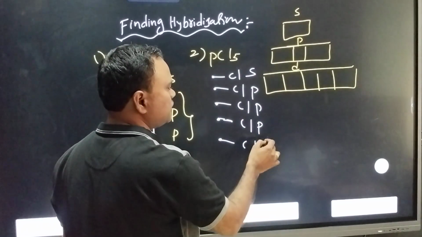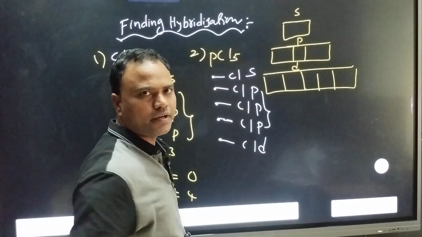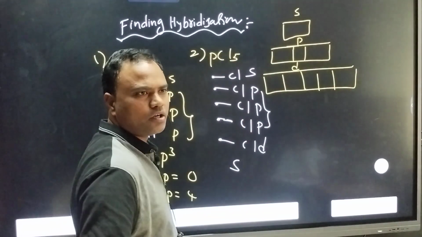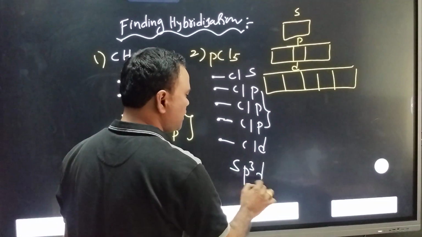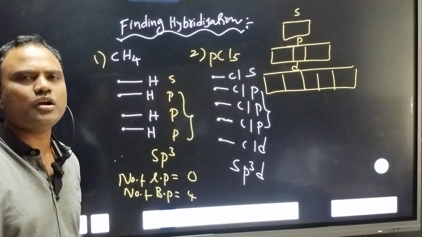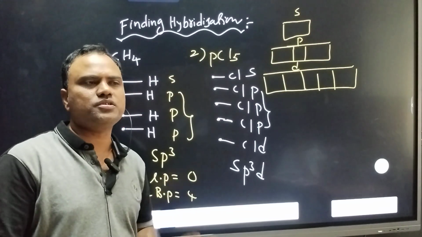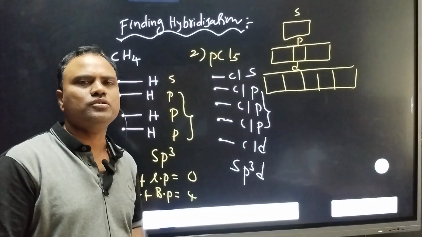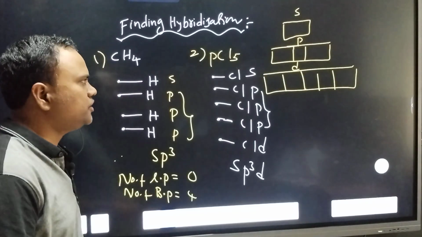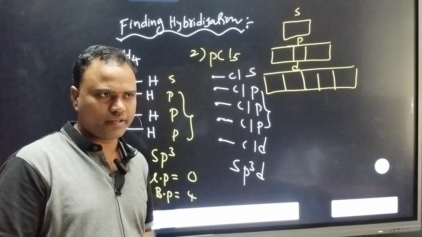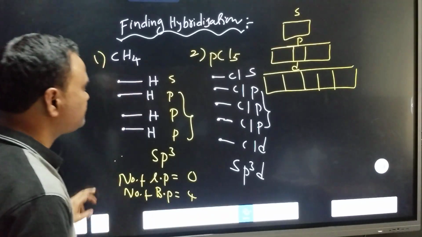So next, d. So one s orbital, three p orbitals and one d orbital: sp3d hybridization. Number of bond pairs, 5. Number of lone pairs, 0. Can you do a few examples? Do it.